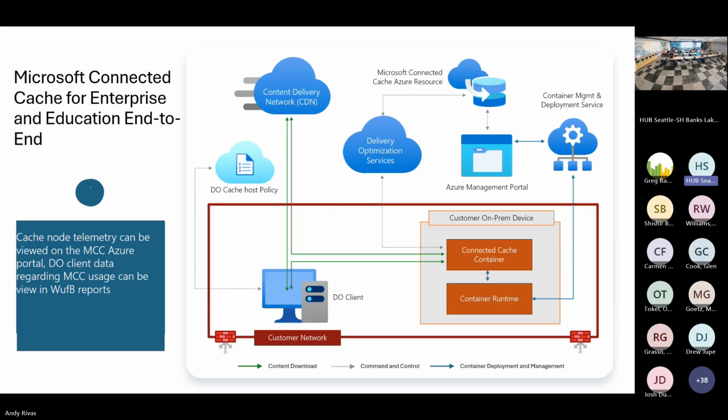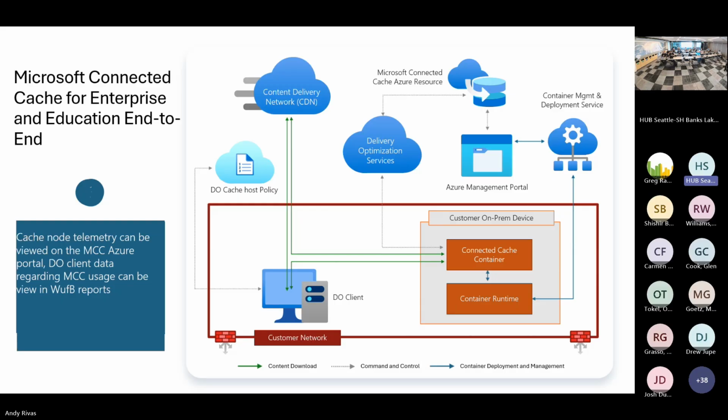And then this is the part where it's not quite as slick as we would want it to be, as it is for the SCCM version that automatically configures clients. Within those 30 or so DO client settings, there's the DO cache host policy. Chase and others are familiar with that.